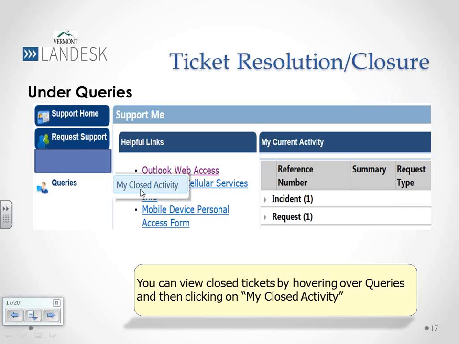Because sometimes if you end up having a similar problem to something you've had before and it was fixed before, you could potentially fix your own problem by seeing how it was resolved before.